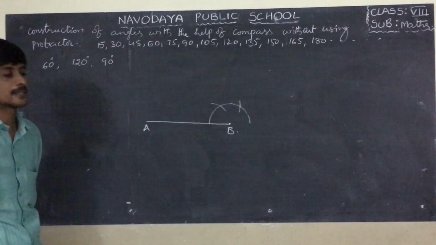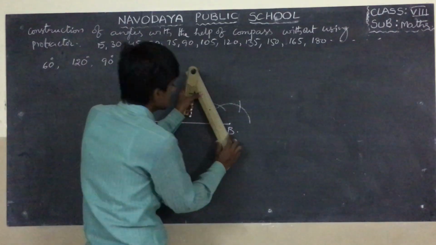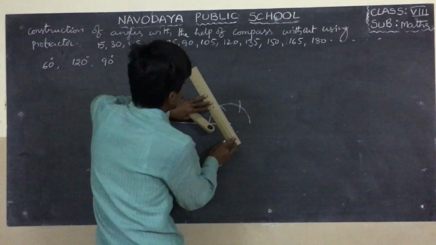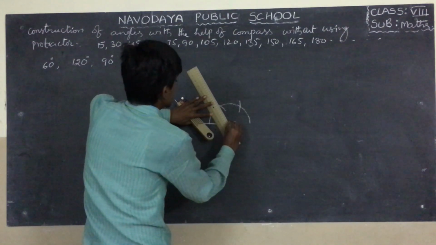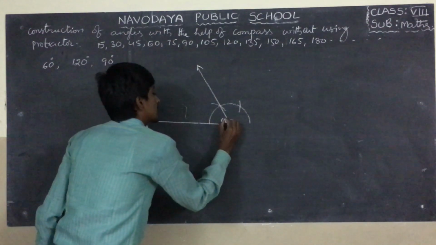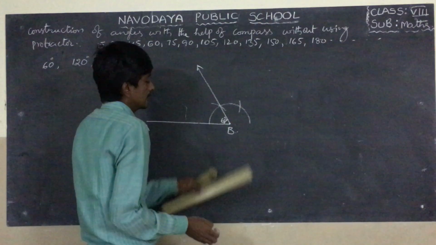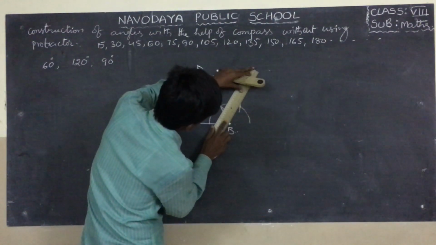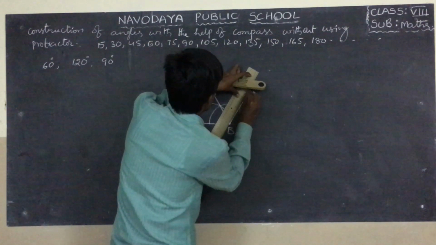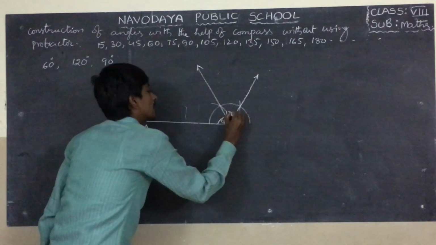The first arc cut is 60 degrees, and where the second arc cuts, this angle is 120 degrees.